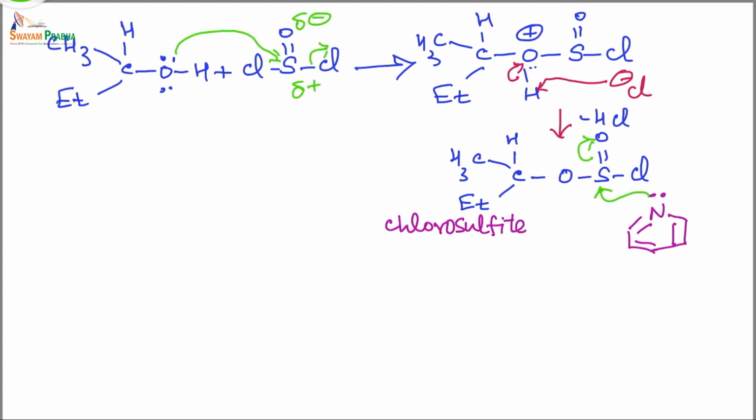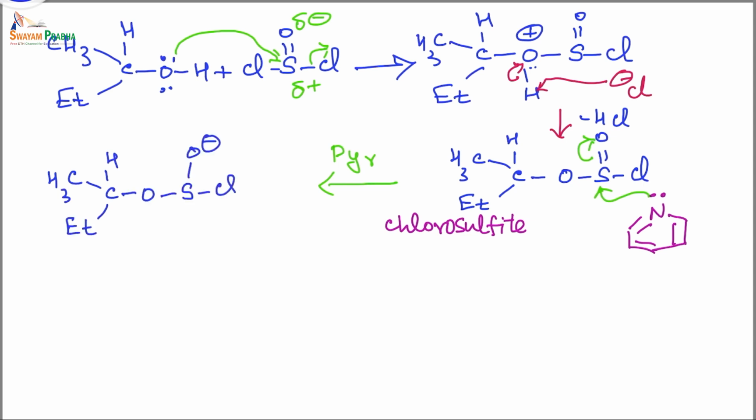The pyridine attacks the sulfur and the double bond electrons are shifted towards the oxygen. So we end up with an ionic intermediate where the oxygen gets the negative charge and the nitrogen has a positive charge.